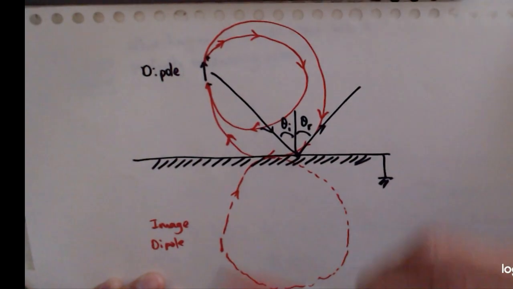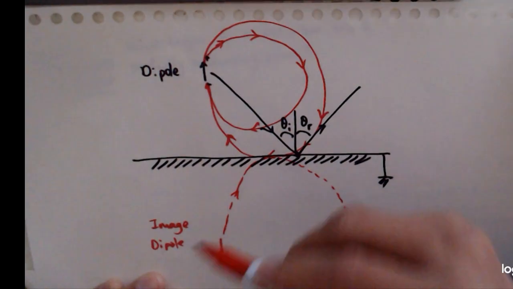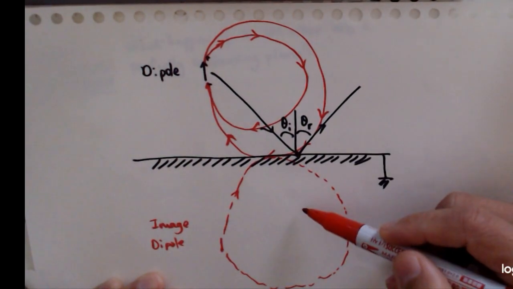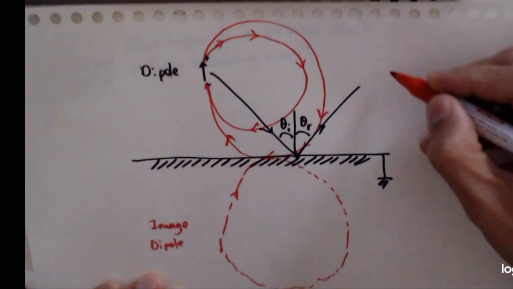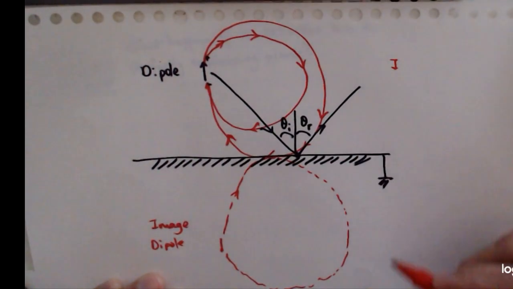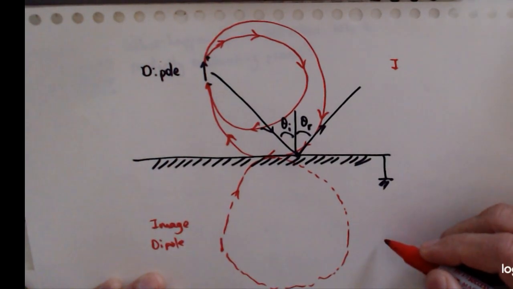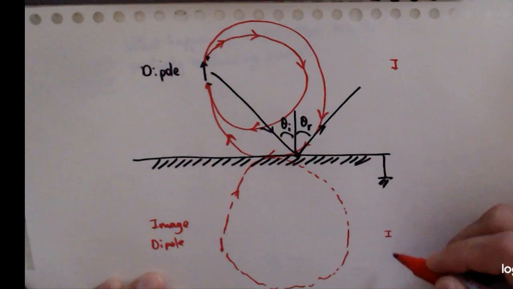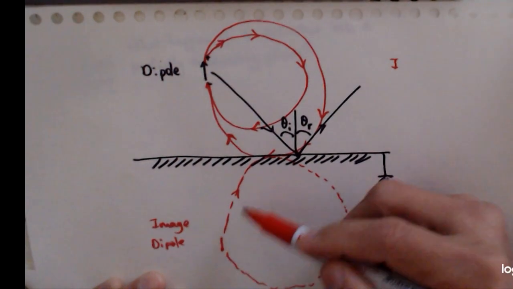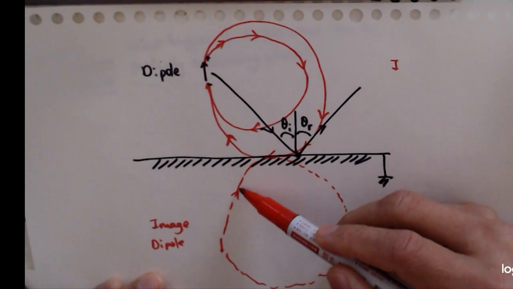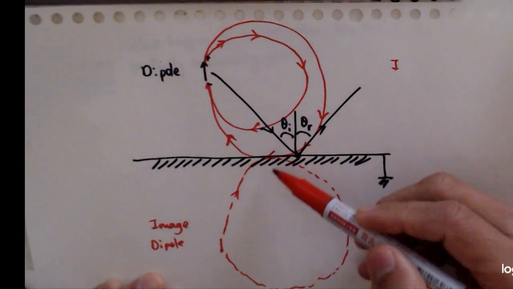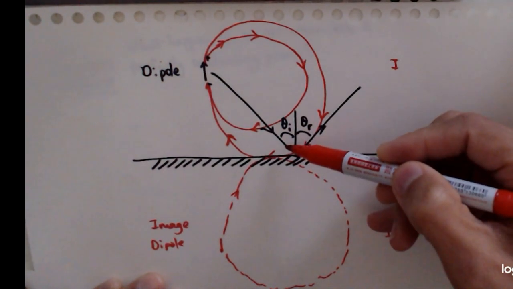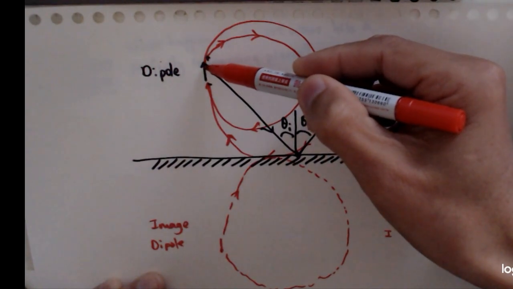In order to do that, the current that is created in the image dipole will have the same magnitude. So if I is the current here, then the current in the image antenna will also be I in terms of magnitude, but the polarity has to be careful. You have to produce an electric field in a manner that cancels off the electric field radiated from the original antenna.